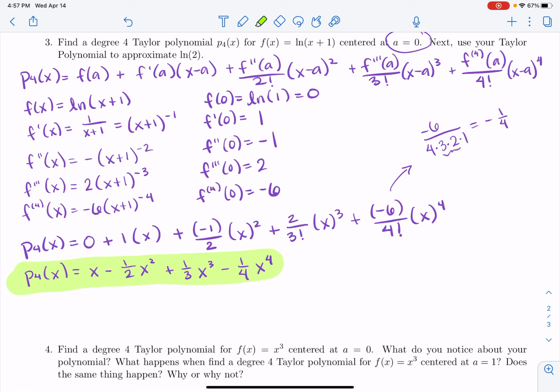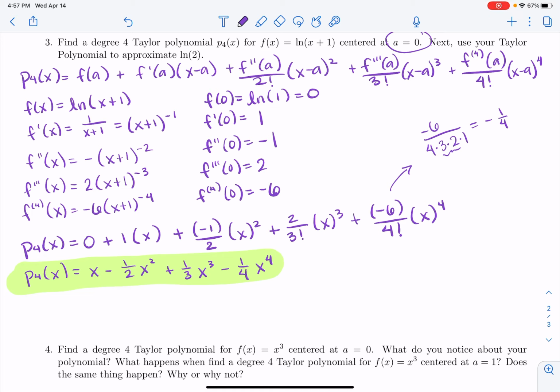X minus 1/2 x squared plus 1/3 x cubed minus 1/4 x to the fourth. It looks like there's a pattern where we have an alternating sign and then we're adding x to a power divided by that power. And in fact, that is what we're going to see when we look into Taylor series in 11.3. But for now, we'll continue.